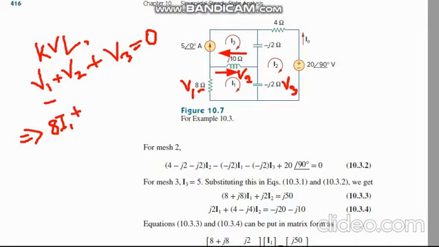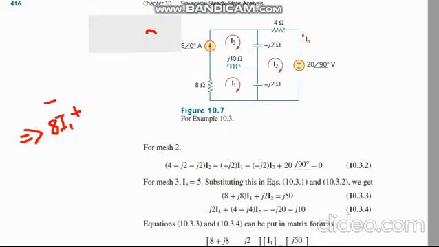Okay, just look at V2 here, two directions I1 and I3.